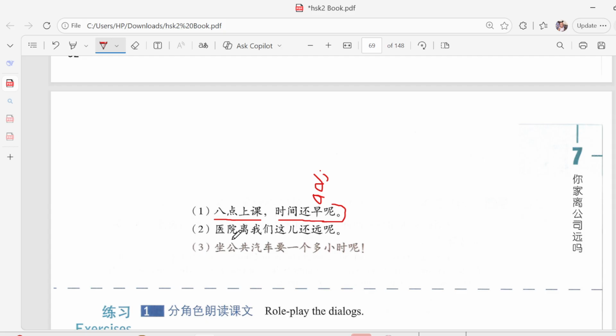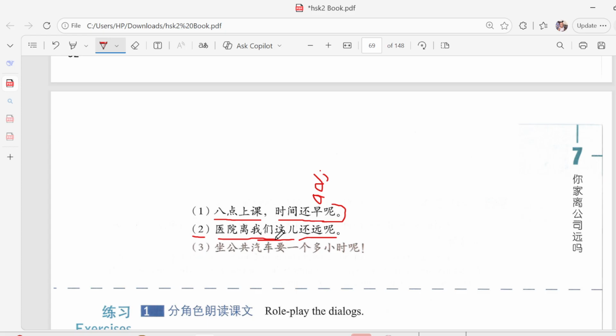And then let's look at sentence number 2. It says 医院里, the hospital, 离我们这儿很远呢. See 很远, what is 远? It's also an adjective. Okay, so 医院, hospital, 离我们这儿. So the hospital is far from here. 我们 is us. So you can also say 离我们这儿, far from.